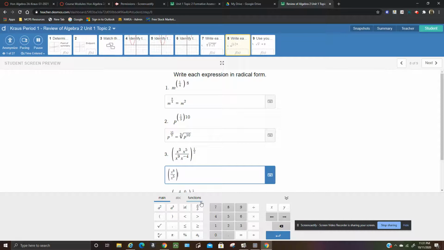And if I hit the caret key on the keyboard, so that's shift number 6, and then do the fraction bar, it's 1/2. So that equals x cubed.